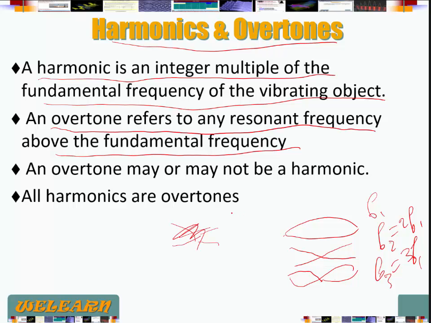However, when we have something fixed at one end and open at one end, we are going to skip harmonics, but we do not skip overtones. The next resonant frequency is the next overtone, but we are not going to have twice f1. So in other words, all harmonics are overtones, but the other way around is not correct.